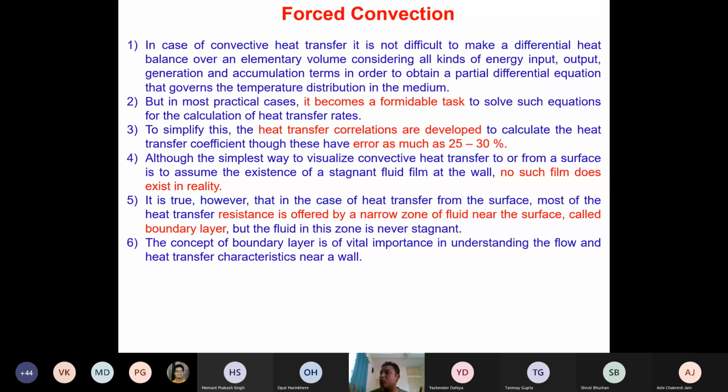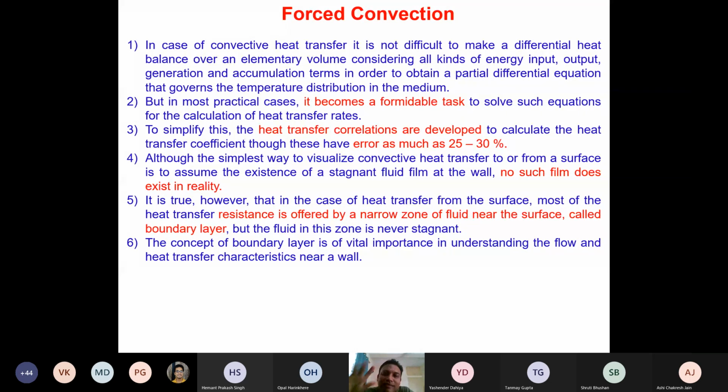We are not solving the fluid problem at all, isn't it? My job becomes extremely simple because I get h directly without solving the momentum transfer, and using this h I can put it in Newton's law of cooling and then calculate the Q directly, isn't it? Clear?